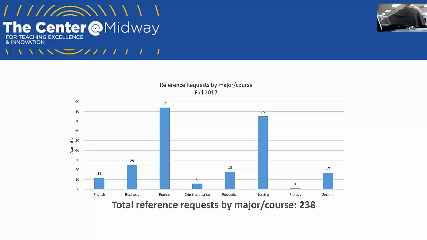But seriously, we get a lot of questions from all the different majors here, and we really love those questions. So definitely encourage your students. This is double the number that we had last year. So that means that you guys heard what we said in fall FEI, and you did tell your students, if you're having trouble, contact the library.